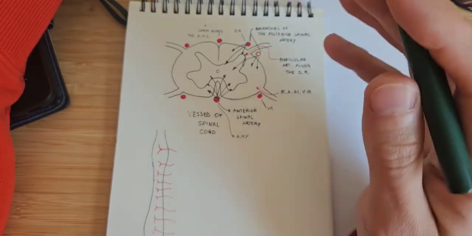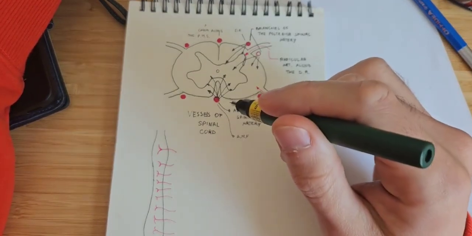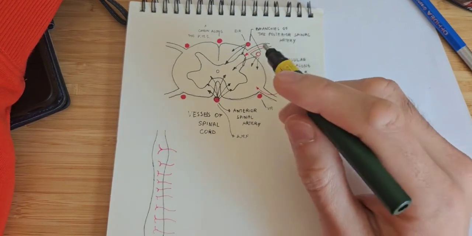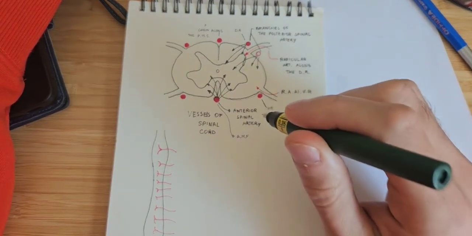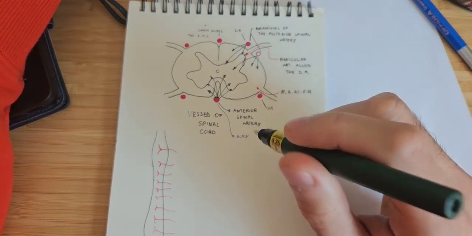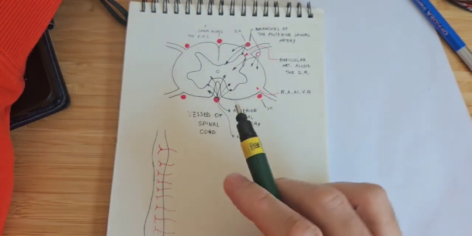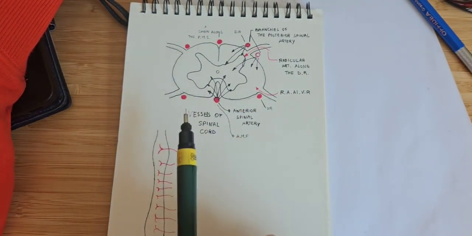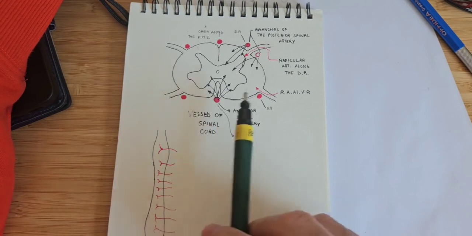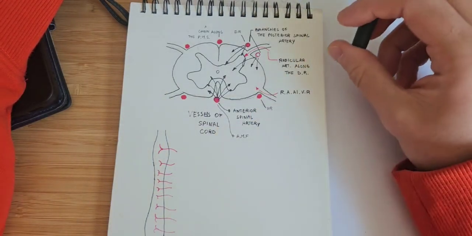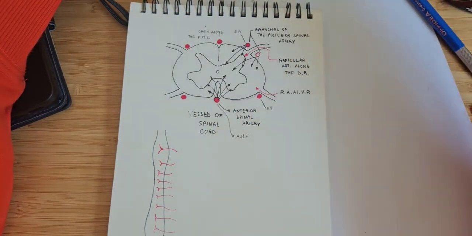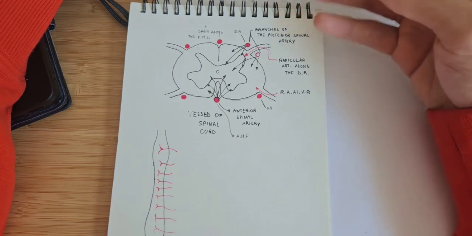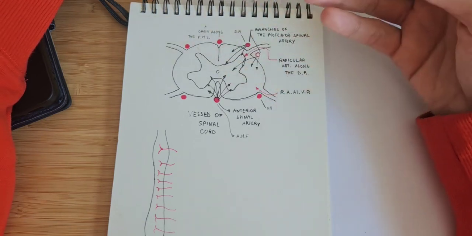And the system lacks valves, allowing bidirectional flow. Regarding communication with the dural sinuses, the internal vertebral plexus communicates with the dural venous sinuses, facilitating the exchange of cerebrospinal fluid and venous blood between the spinal cord and brain.